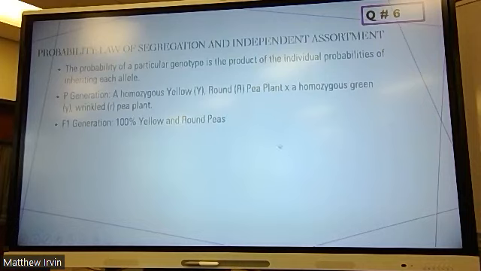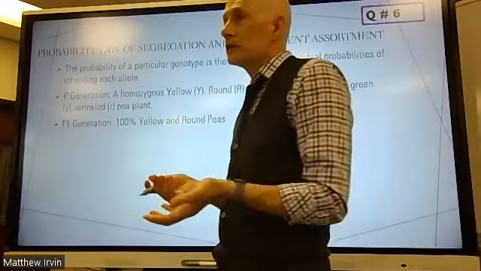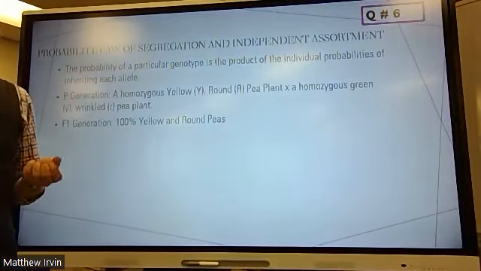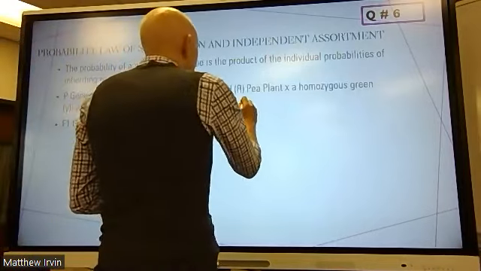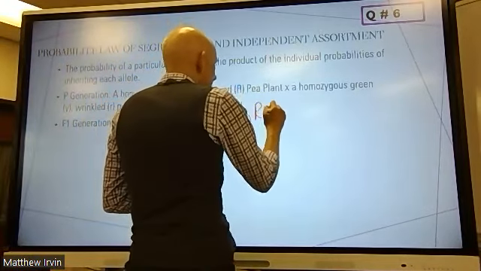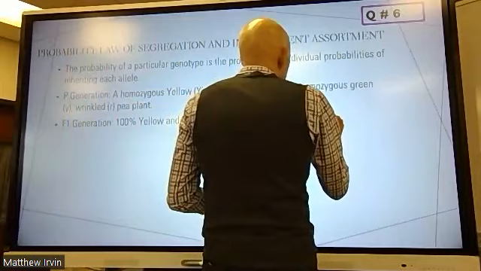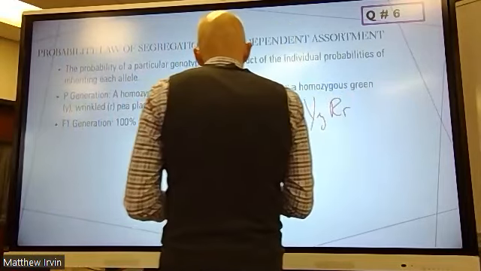So if we are doing this, you might be given a problem. And of course, we know that we can do everything as a probability. So this gives you the opportunity to take some shortcuts.